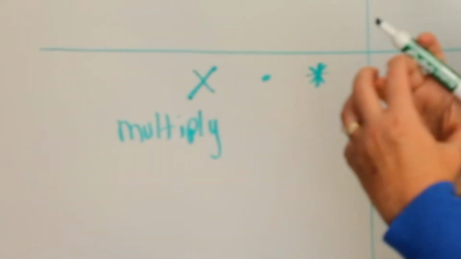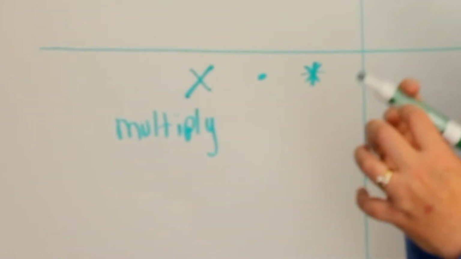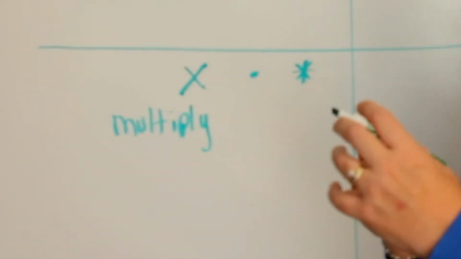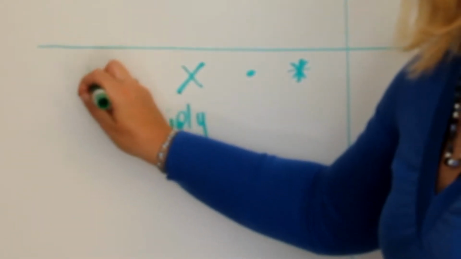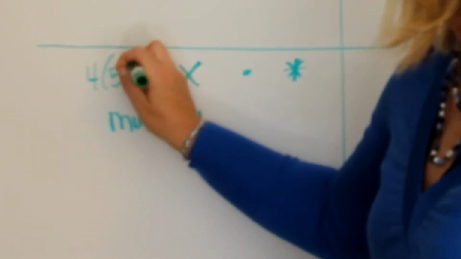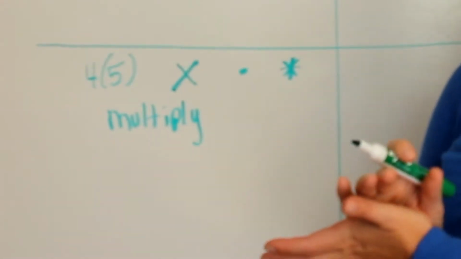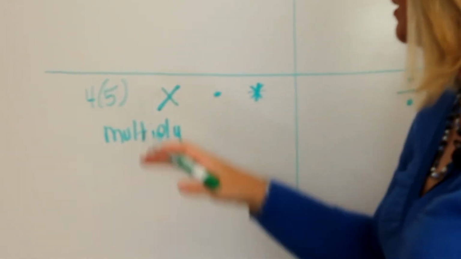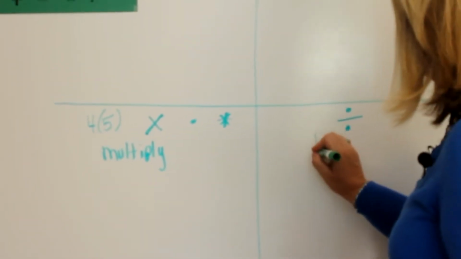And sometimes if you put 2 things right next to each other, we consider that multiplication as well. Not just 4 and 5, because that would look like 45, but if we did something like 4 and parentheses 5, if you smush them together with parentheses like that, that means multiplication. We're going to take some practice looking at that eventually as well. But this last one is division.